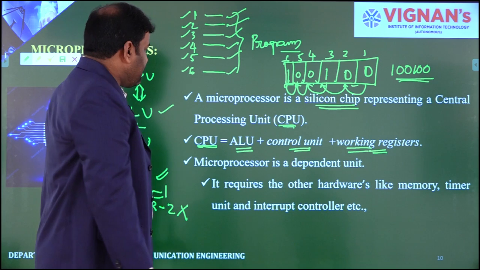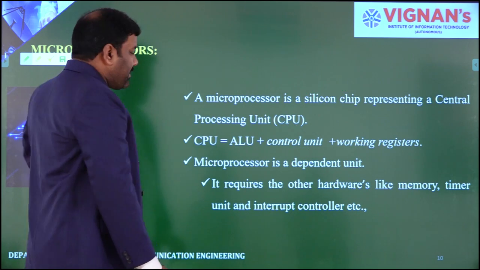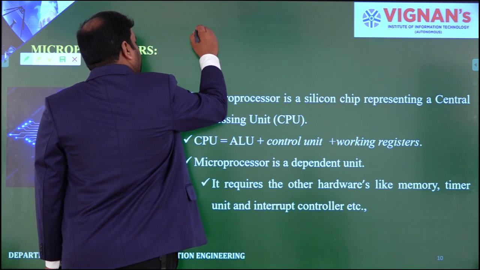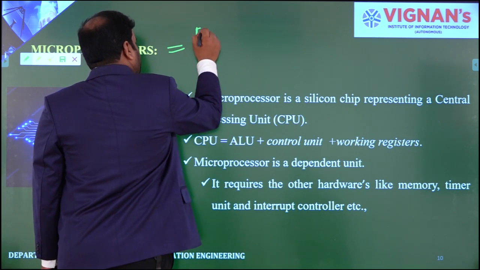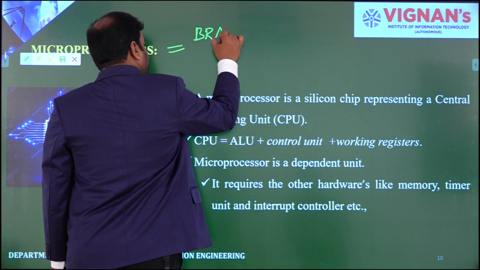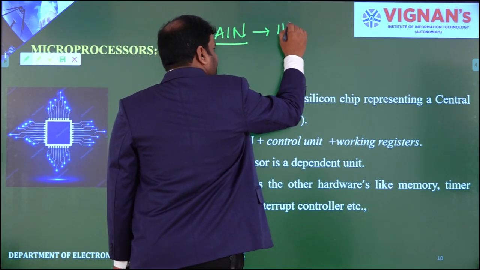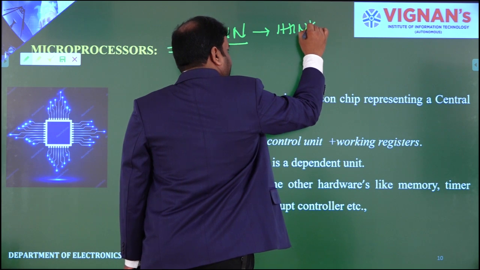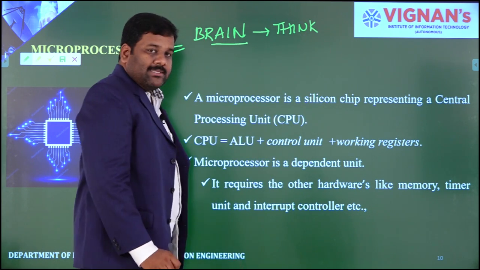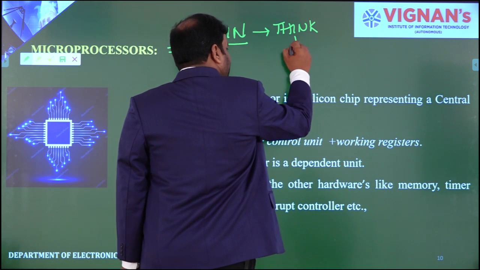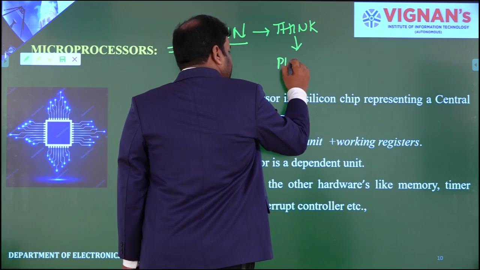And next, basically a microprocessor is a dependent unit, meaning it has only a brain, meaning it can think. But once the thinking process is completed, it needs to perform some action.